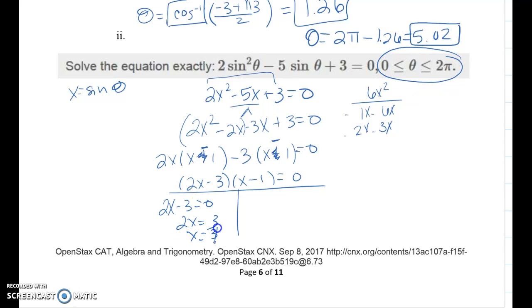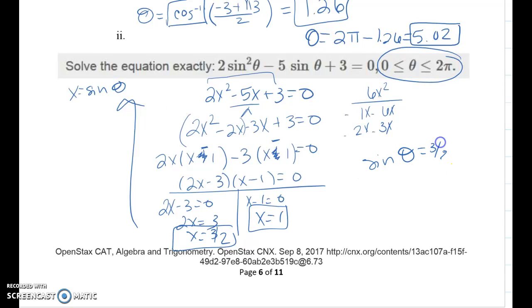I'm just solving this out quickly while I'm rambling, so it gives me x to be 3/2 and x to be 1, which is great, but I need to figure out what theta is. And so I say, well, sine theta is equal to 3/2, and sine theta is equal to 1.